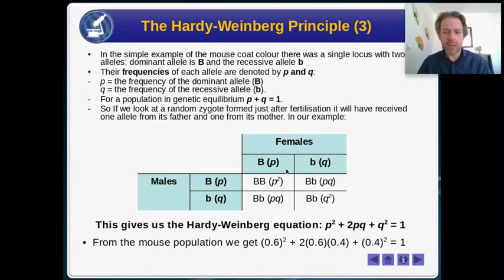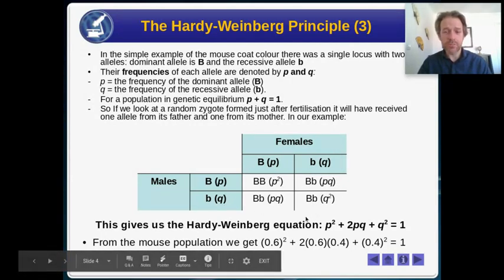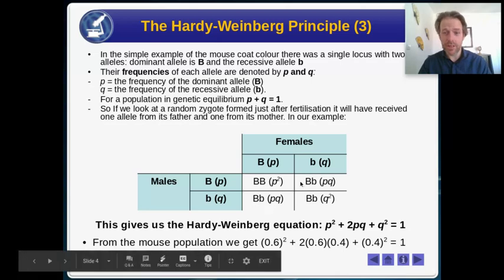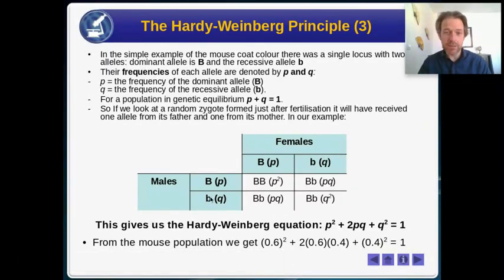Then if we took two heterozygotes, a Pq and a Pq, and we look at the potential offspring, we can get P multiplied by P, so P squared for this genotype. We get Pq and qP, because you do have a little q allele there and a different little q allele there.